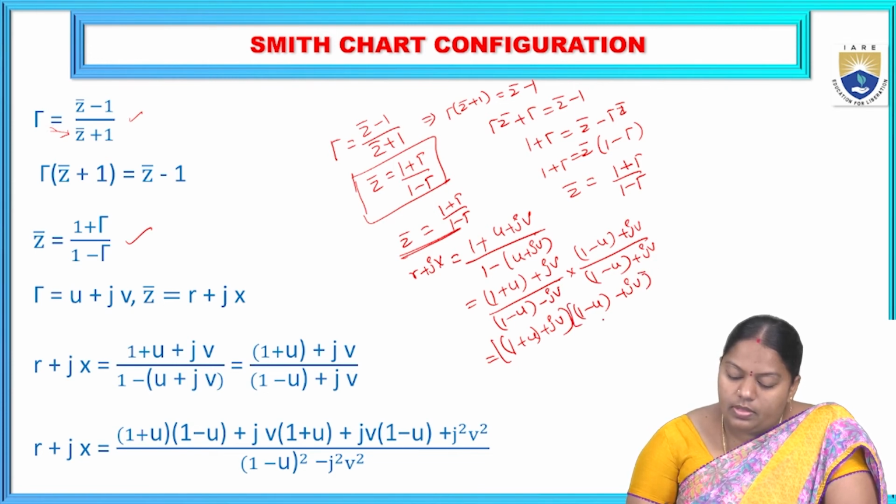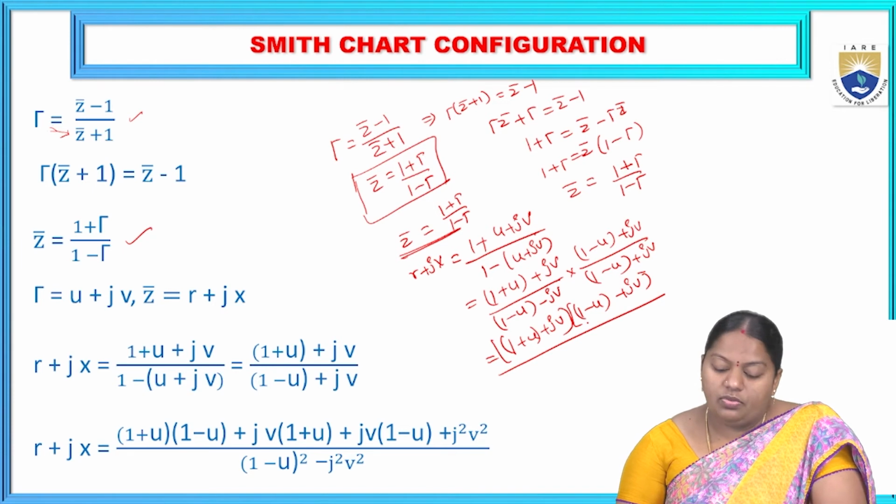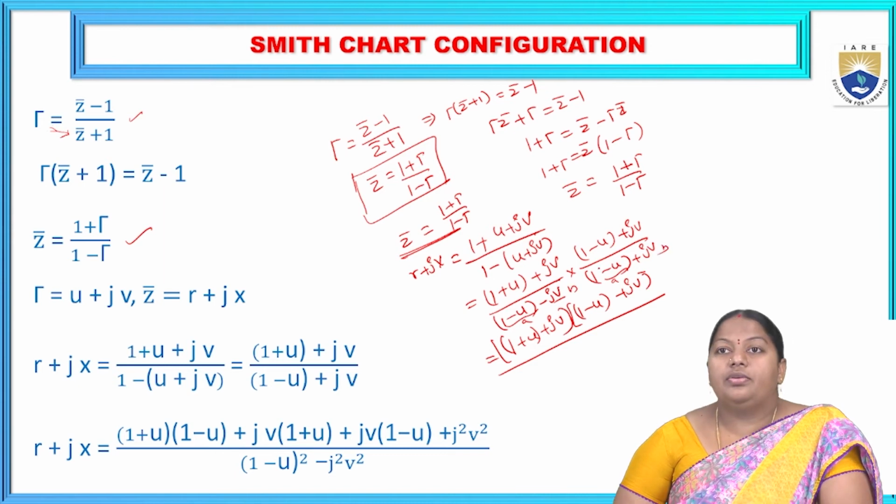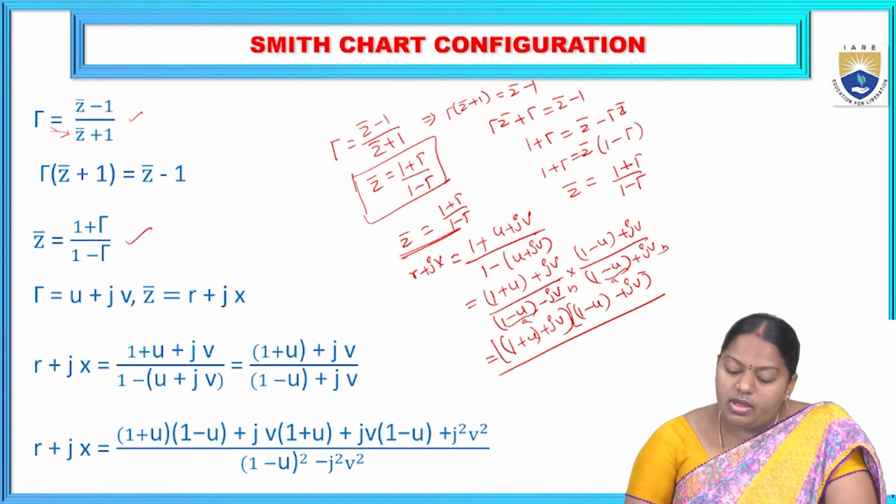Okay. Then in the denominator, if you observe, this looks like A and its value is also A, and this is B and this is related to B. See, if you observe, the A value is 1 minus u and B is jv, right? So it looks like the (A minus B) into (A plus B) form.